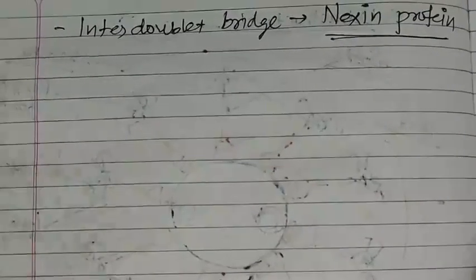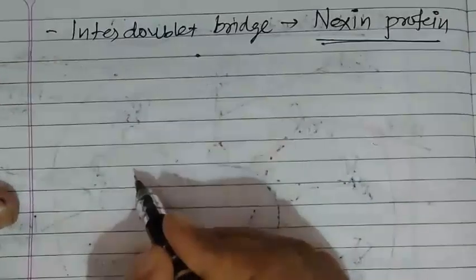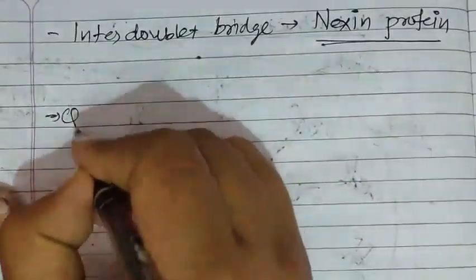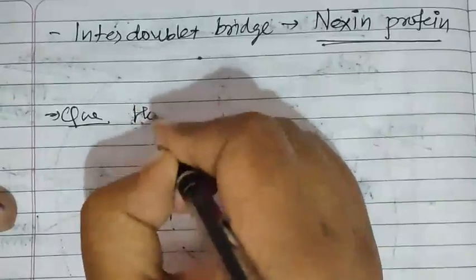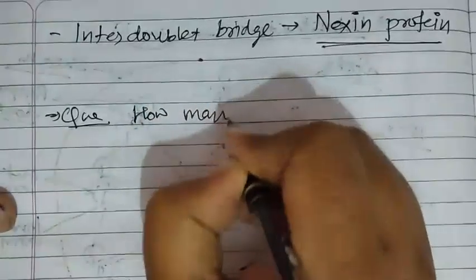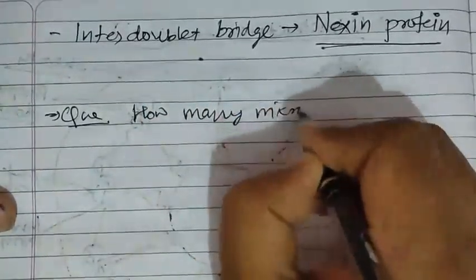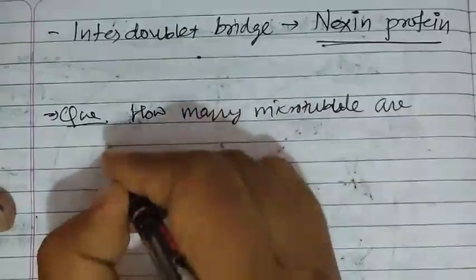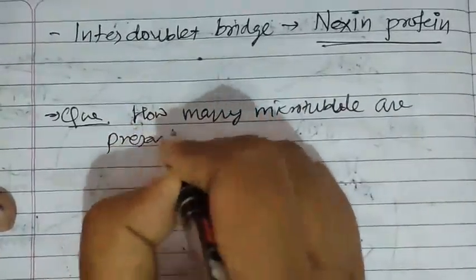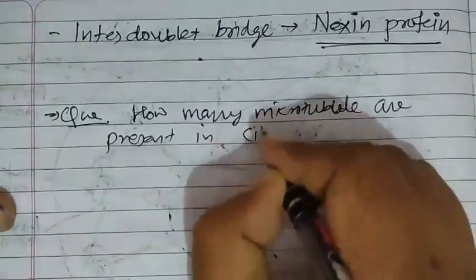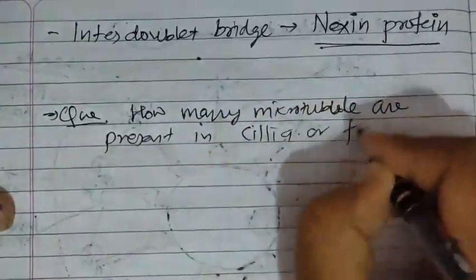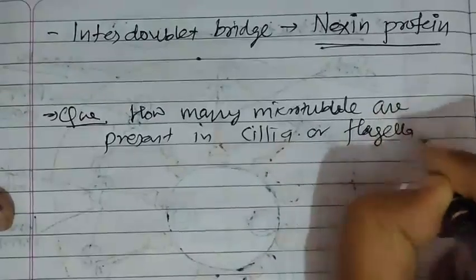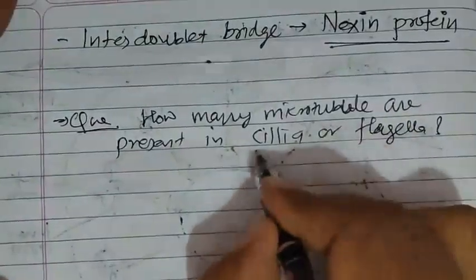Now a question which we can address here is how many microtubules are present in the cilia or flagella structure, that is in the filament.